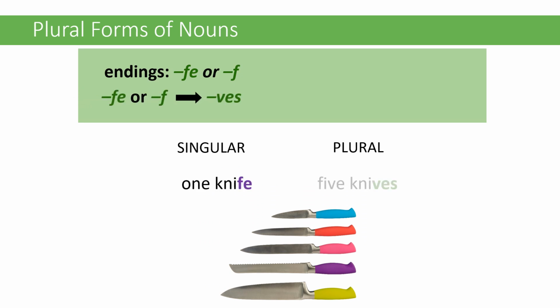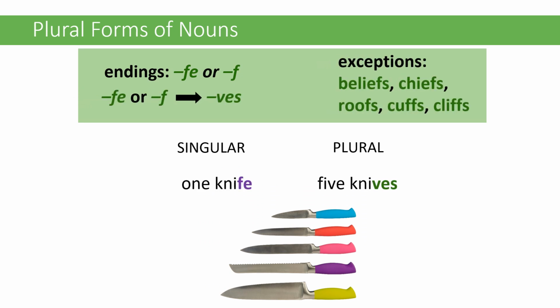If a noun ends in F or FE, you change the ending to VES. Knife becomes knives. But there are exceptions to this rule. We don't change the F for belief, beliefs; chief, chiefs; roof, roofs; cuff, cuffs; and cliff, cliffs.